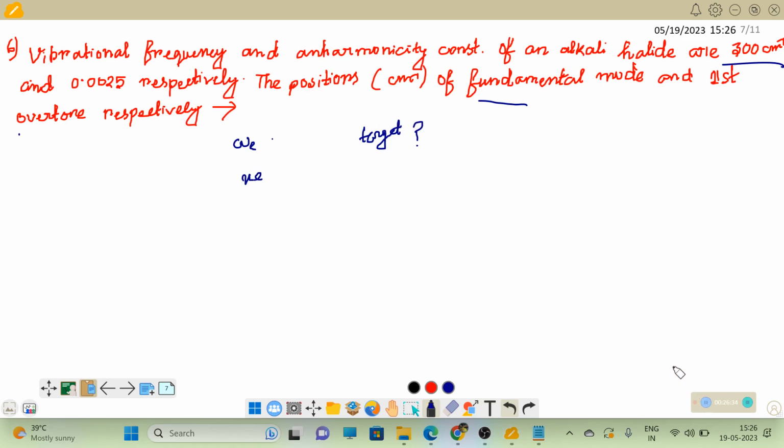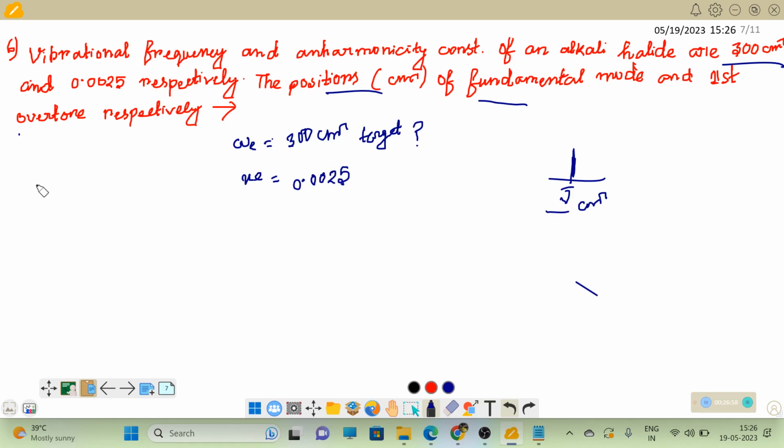Here the position of the fundamental mode means at which frequency in centimeter inverse the fundamental is coming. Nothing else. Here omega e is given as 300 centimeter inverse, and x e is given as 0.0025.